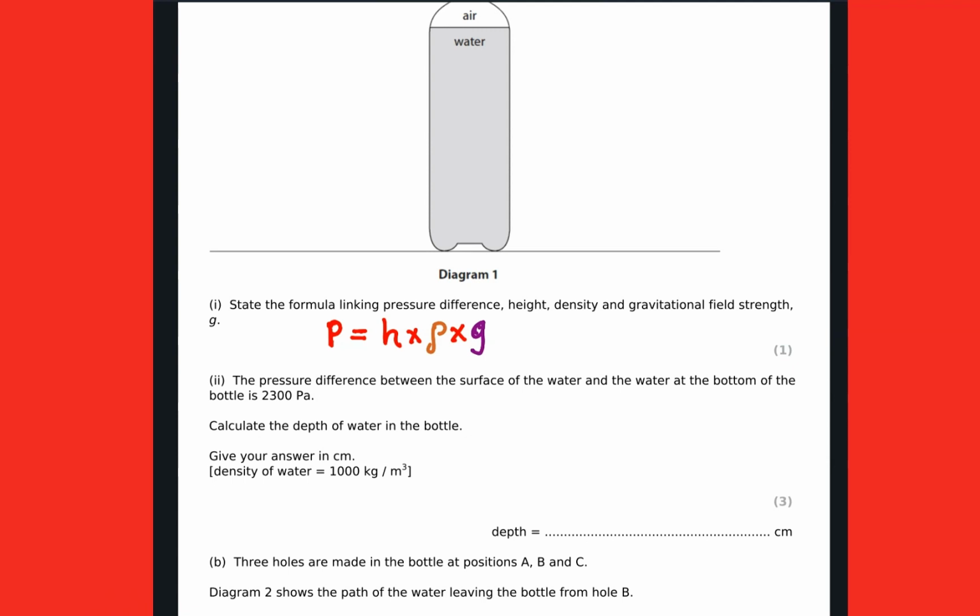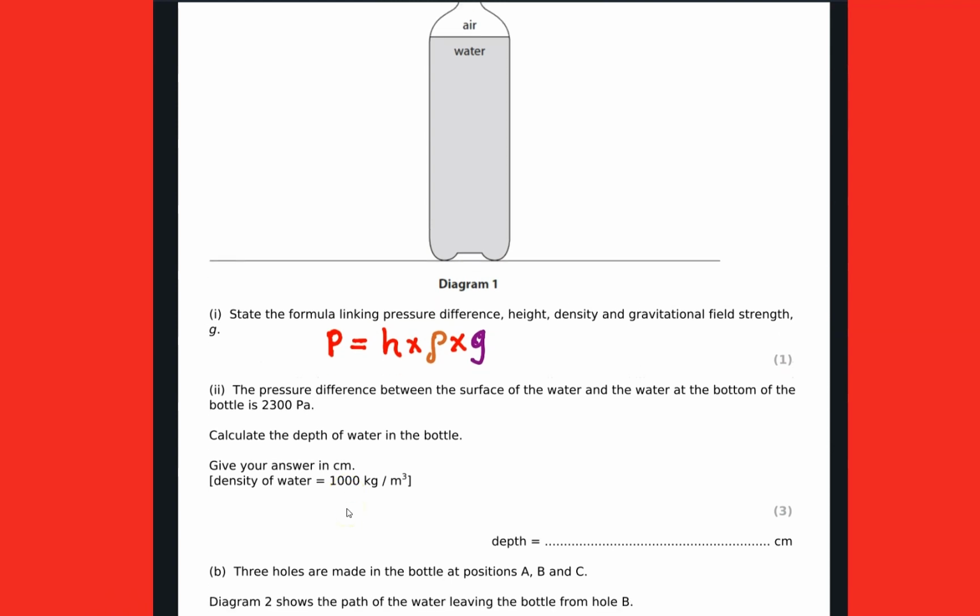The pressure difference between the surface of the water and the water at the bottom of the bottle is 2300 pascals. Calculate the depth of the water in the bottle. Then we're going to substitute and apply the formula that we have mentioned here, and we are supposed to have our answer in centimeters.